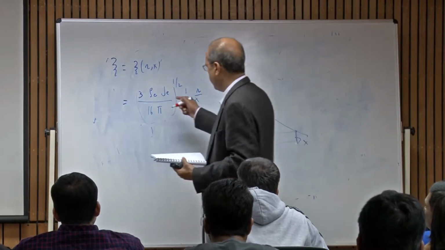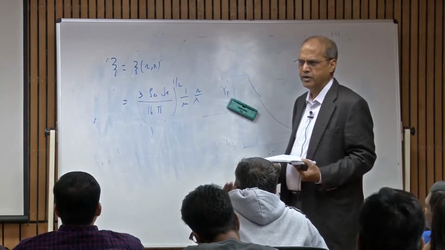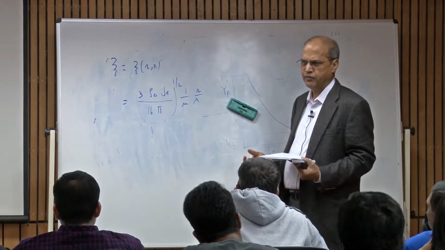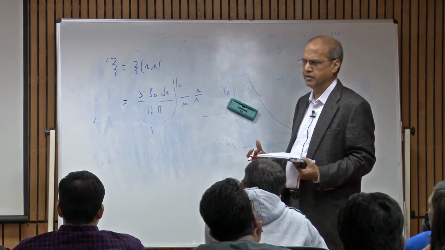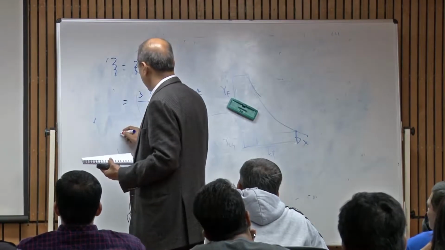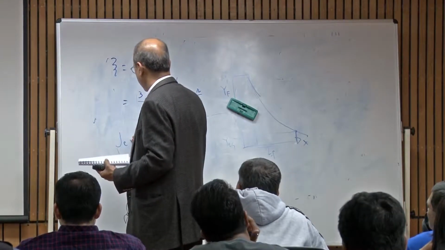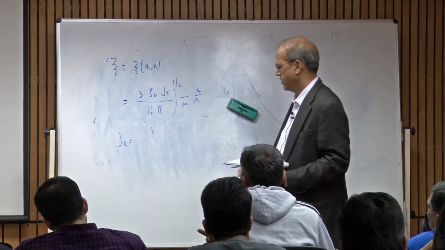So what is J e? First of all, what is rho e? That's the fuel density, or the density is constant anyway. So this is just one density. But it's the fuel density here. J e is the momentum flow rate, which is also a constant.